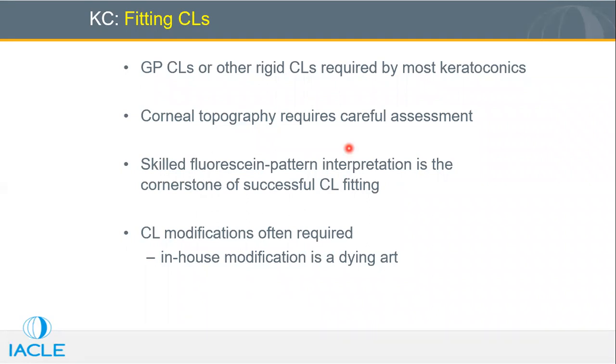That will help you while fitting. The most important thing while fitting keratoconus with RGP lenses is that you should be able to assess the fluorescein pattern. Single most important factor. If you are very good at assessing the fluorescein pattern, then RGP fitting is very easy.